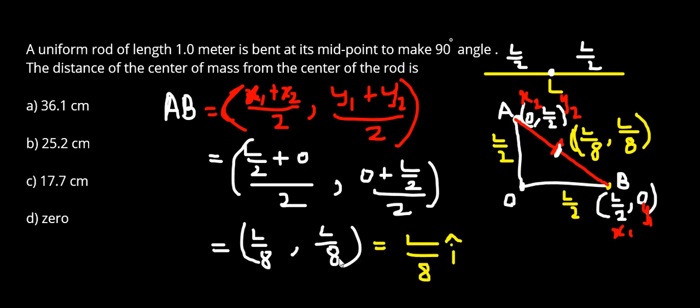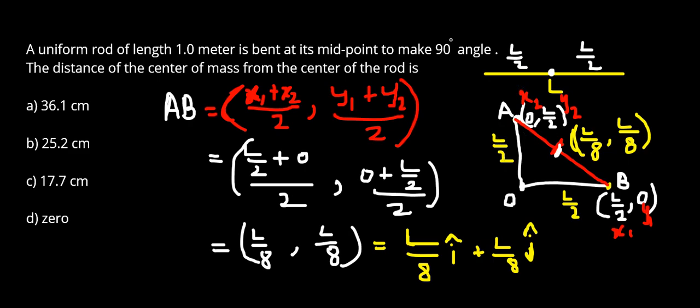We know this is going to be the x-axis, this is going to be the y-axis. So in the x-axis i cap plus L by 4 j cap in the y-axis. It can be written in vector form. This is the midpoint of the resultant one.